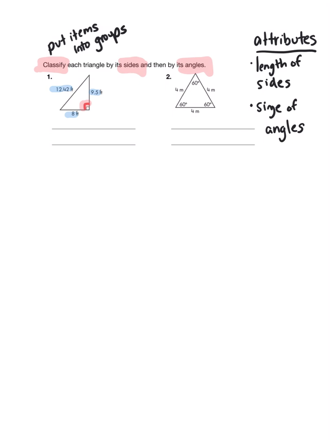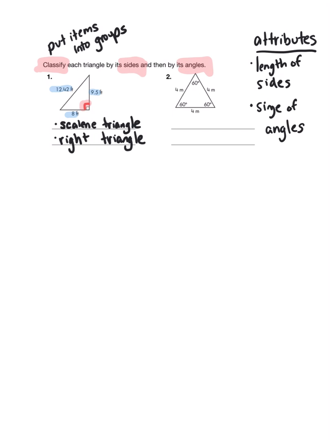So I can see that each side has a different length, making it a scalene triangle. Since we have one right angle, it can be classified as a right triangle.